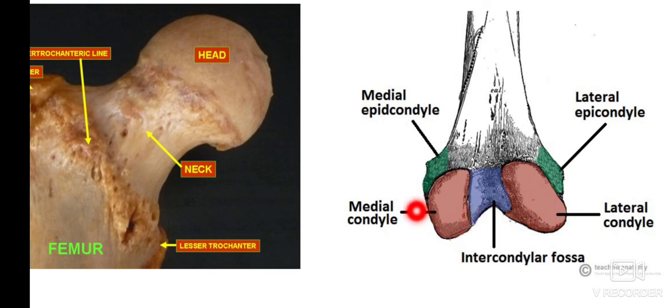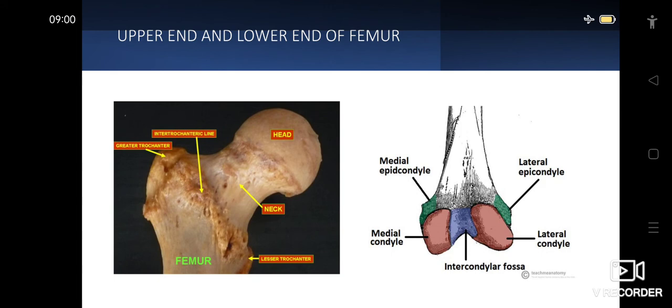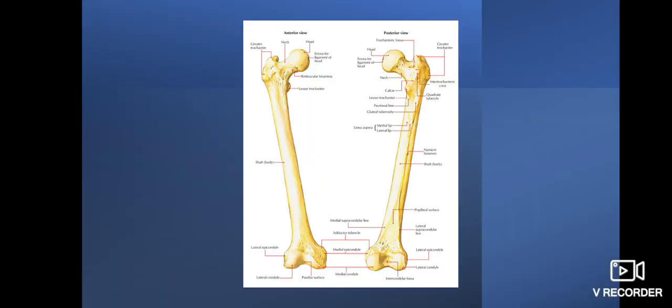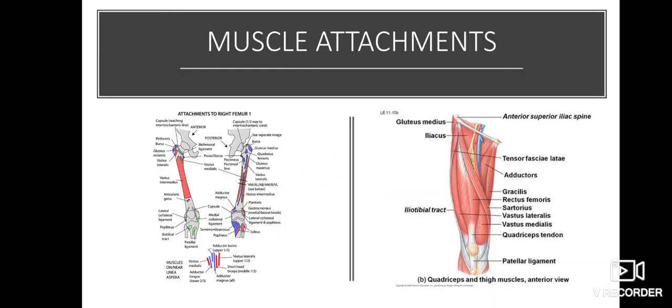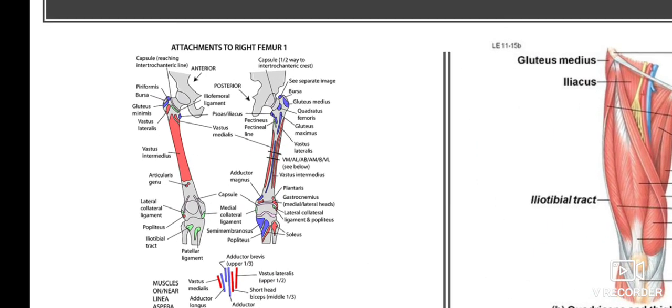The small projection present above the medial condyle is called medial epicondyle, and similarly lateral epicondyle. Corresponding epicondyles are present just above the condyles, and this is the intercondylar fossa. So, this is about the lower end. This is the anterior aspect, and this is the posterior surface. So, that is about the structure of the femur.